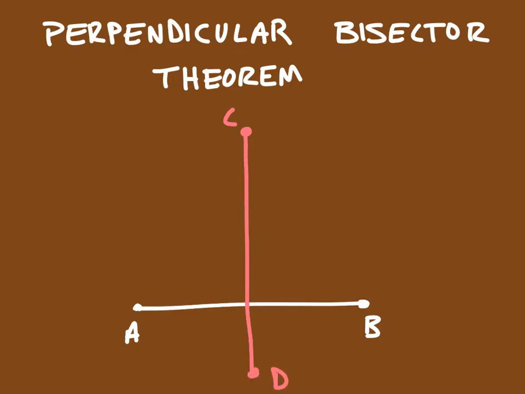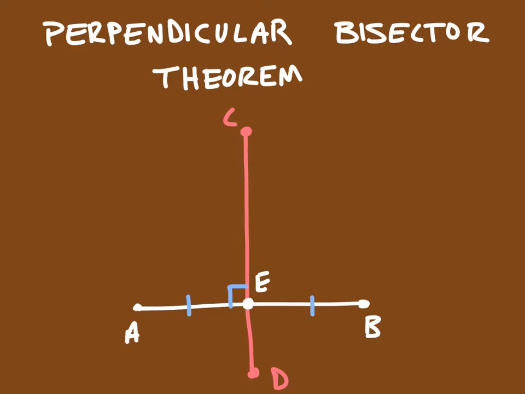CD is a perpendicular bisector to AB, meaning that it cuts AB, and let's put a point here, which we'll call E. What this line CD does is cut this line in half so that these two segments are congruent: AE is congruent to EB, and we also create a 90-degree angle here.